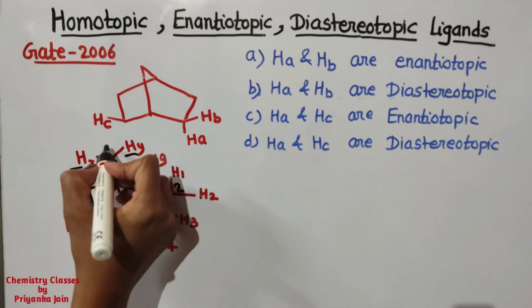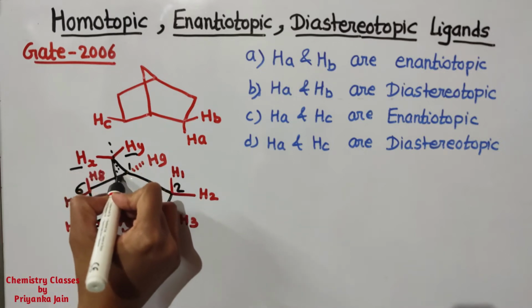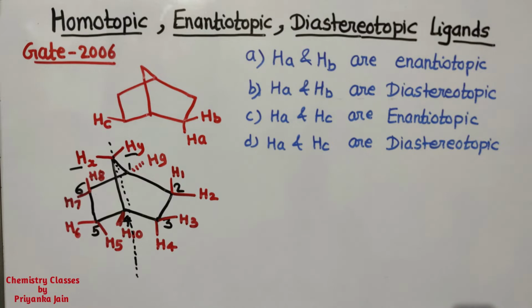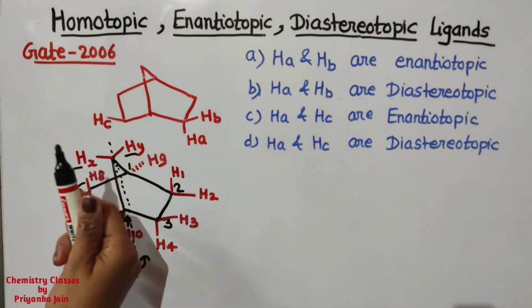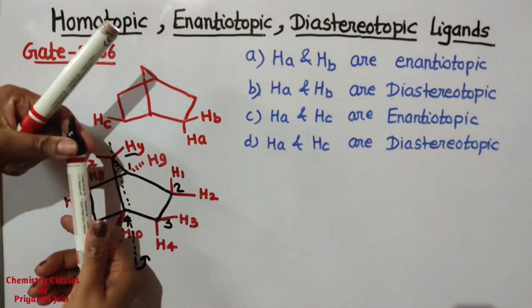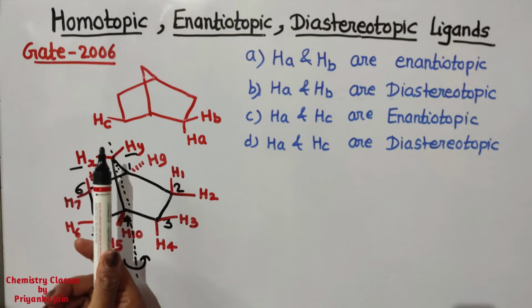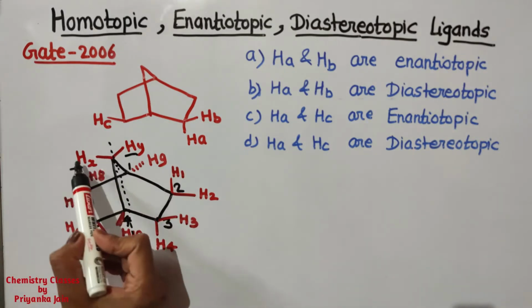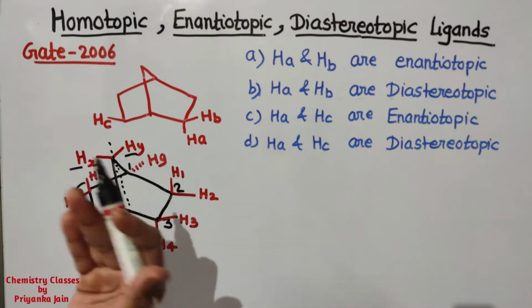Now we can put an axis passing through this carbon atom and the center of this molecule. This is a C2 axis, and we can rotate the molecule about this axis in this manner. When we rotate it, these two hydrogens can interchange.